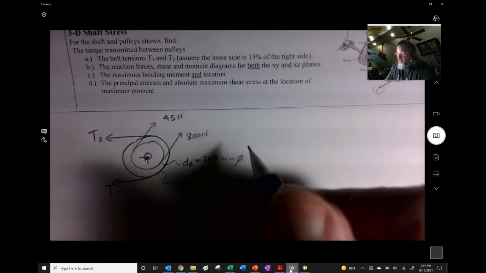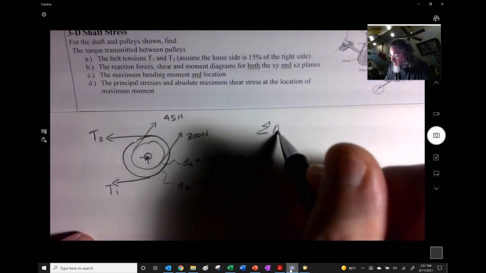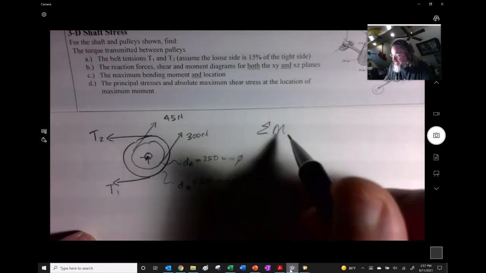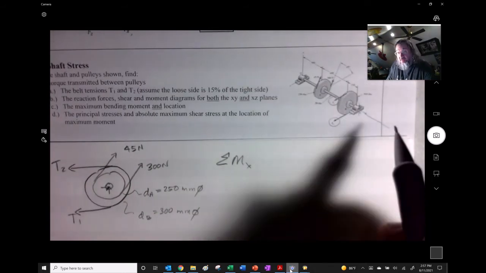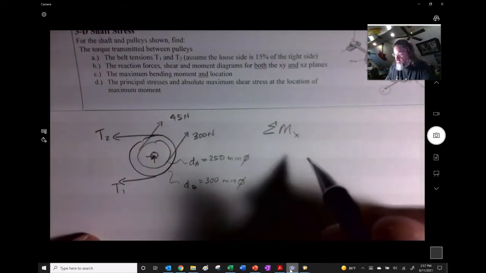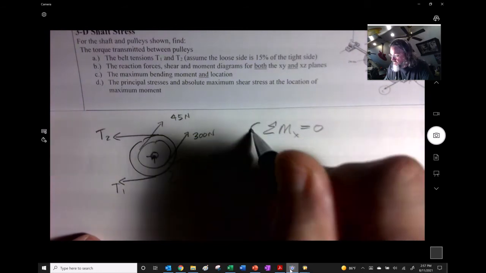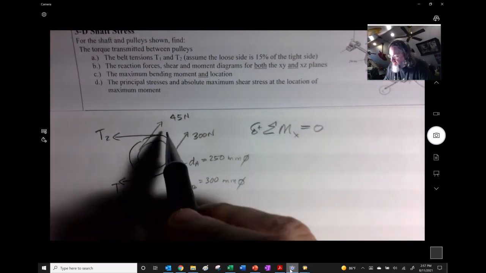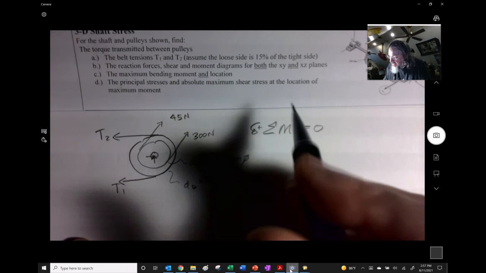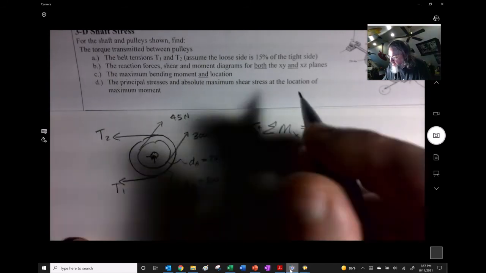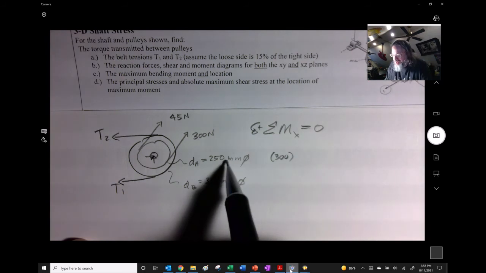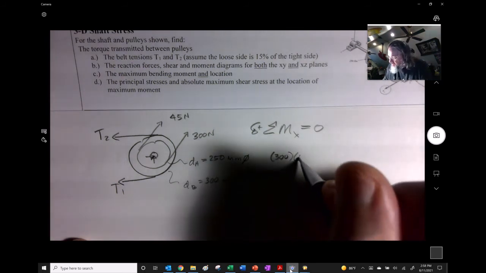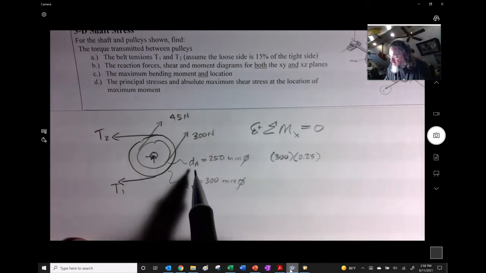Now, if you do the sum of the moments about the x-axis, because that's this one right here that's coming through, we'll take this one, 300. 300, and I guess I went ahead and went 0.25, didn't hurt anything. 0.25 times 300.